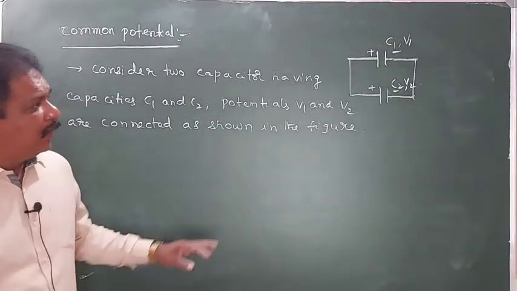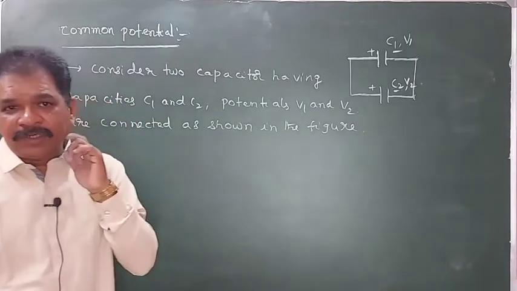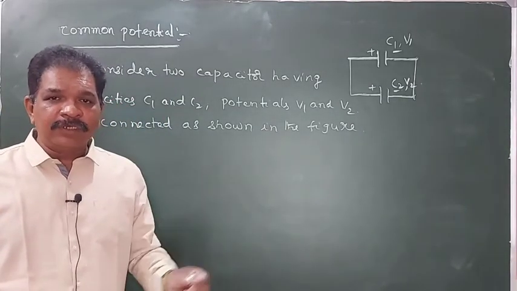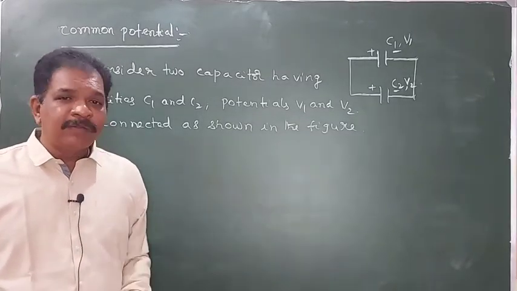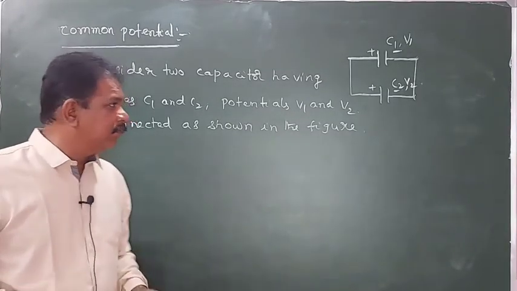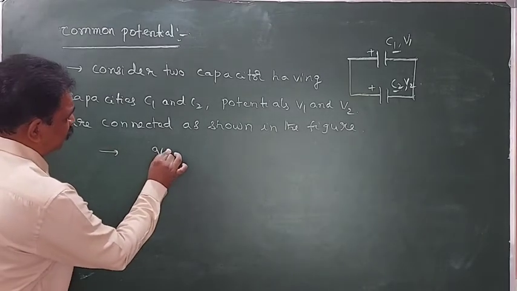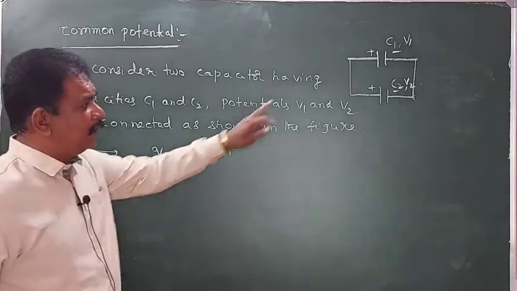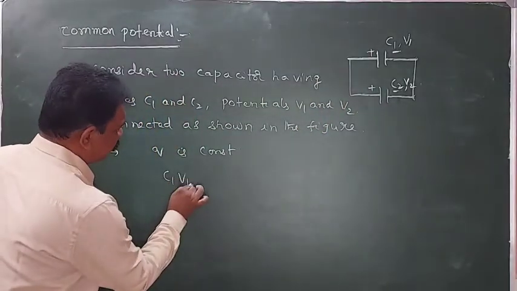Then what will happen? From higher potential to lower potential, charge will flow until the potential is equal. So charge remains the same here. Q is constant here. Initially charge on this will be C1 V1.